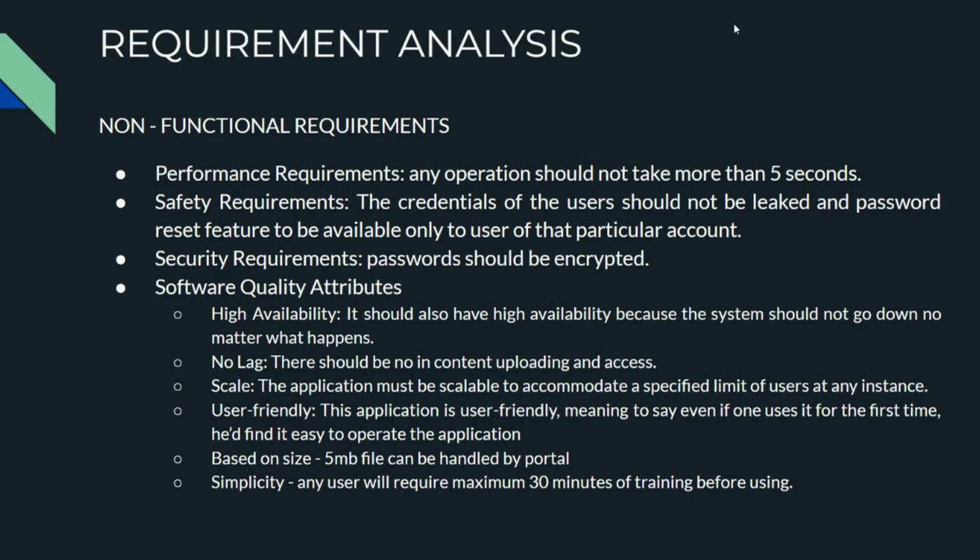The application should also be user friendly, meaning even if one uses it for the first time, he should not find it difficult. Based on size, a 5 MB file is the maximum limit that can be handled by the portal. A file greater than that may lead to lag. And simplicity is the main feature, so that any user who wants to learn all the functionalities should not need more than 30 minutes of training.